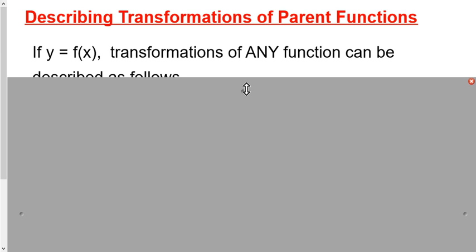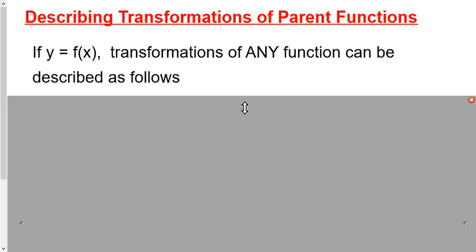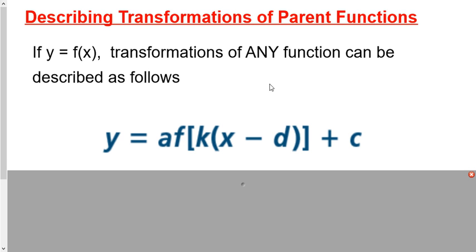Okay, so if we've got some function, we're going to call it f of x, which we used to call y. So we're saying y is equal to f of x. If we do transformations to any function, we can describe them by the following. So here's our description that we saw yesterday. And this description, you'll notice, doesn't match any of our parent functions.